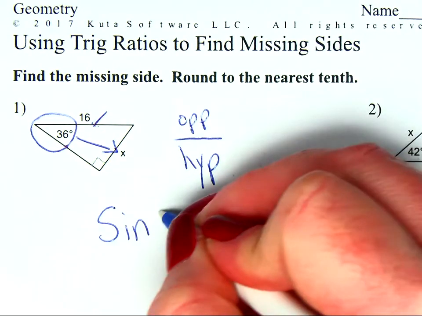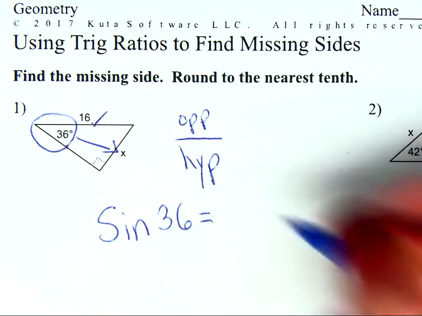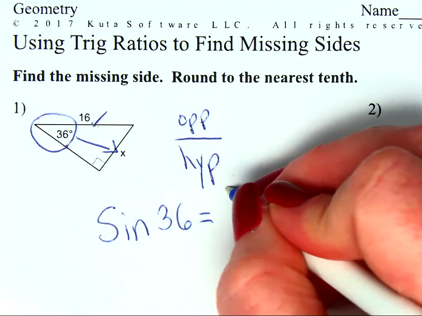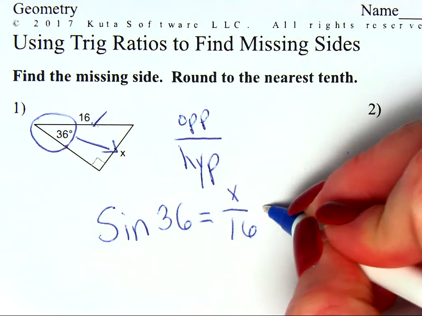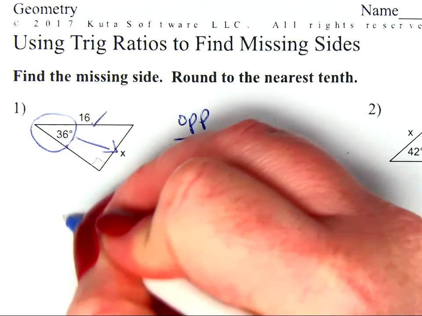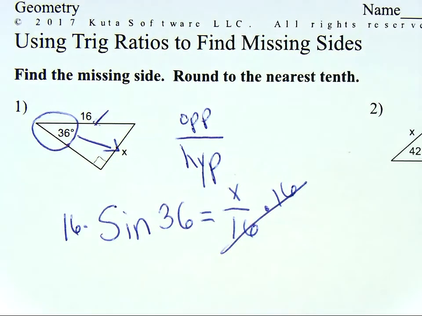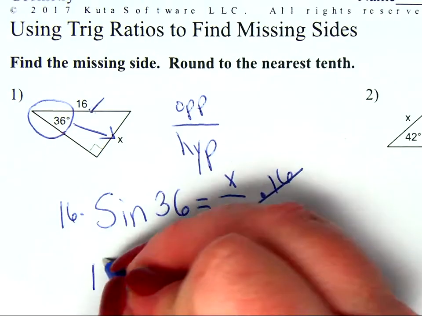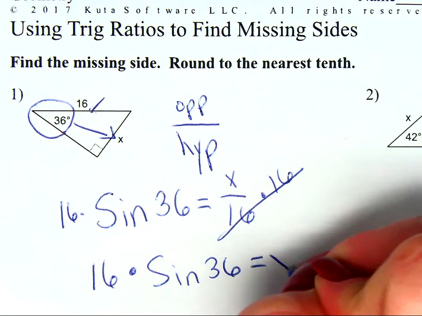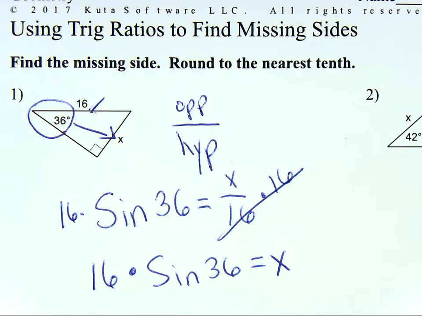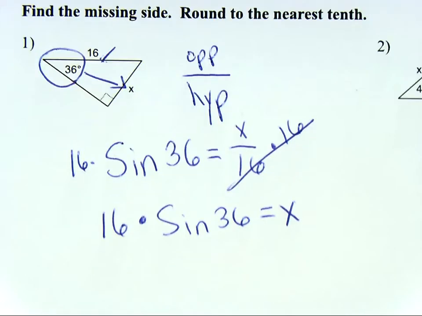So I say the sine of 36 is equal to X over 16. This now becomes an equation that I can solve using a calculator. I multiply both sides by 16, and I get that 16 times the sine of 36 is equal to X. At this point, I use my calculator.